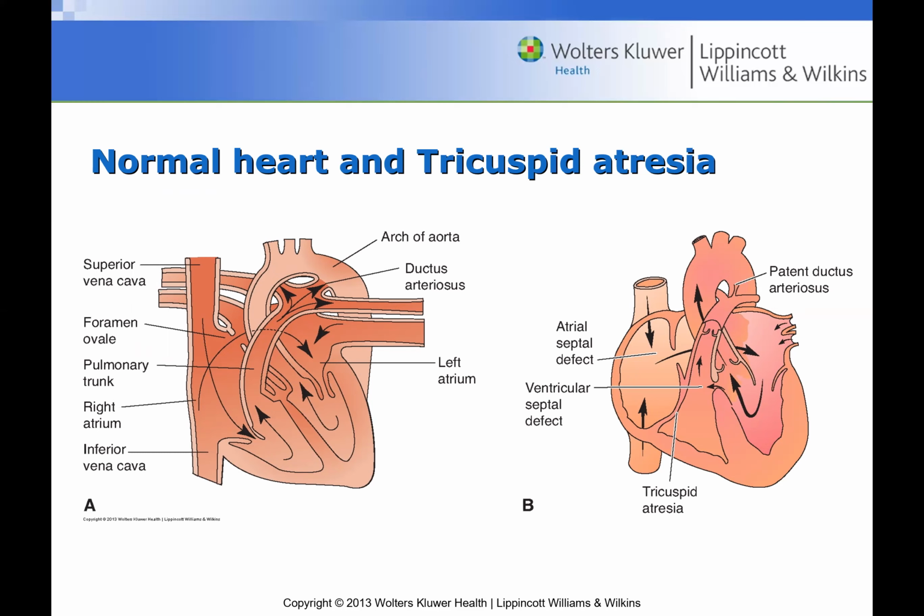What's going to occur is, because these little fetal hearts adapt in utero, they use their shunting ability. The atrial septal defect is going to shunt the blood through the left atrium to the left ventricle, use a VSD to get it to the right ventricle and then out to the pulmonary artery. So it's pretty amazing.